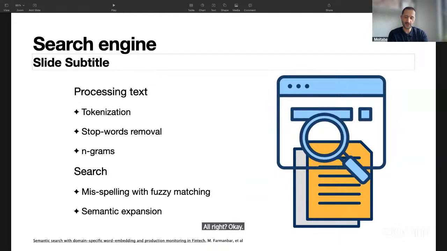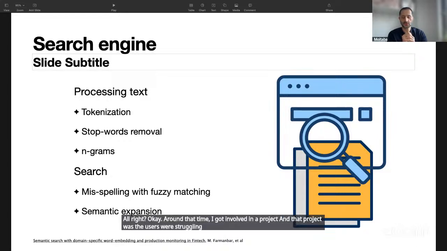Around that time, I got involved in a project where the users were struggling to collect the documents for a certain query, basically. Suppose they wanted to see how many documents we have within the company related to certain things.